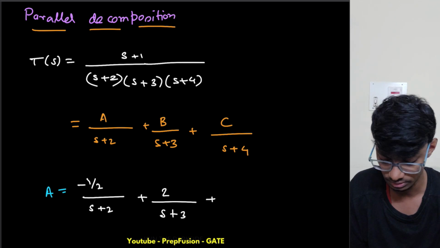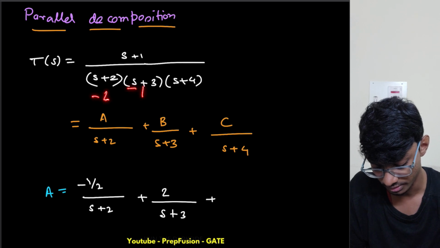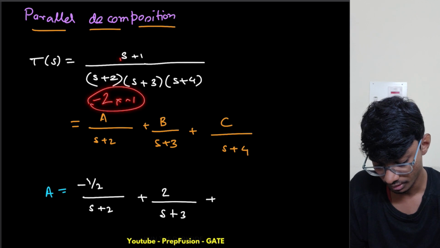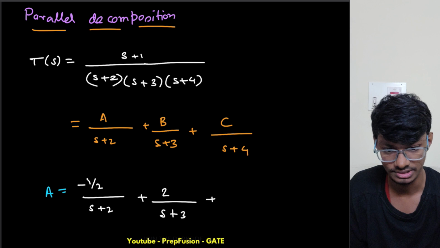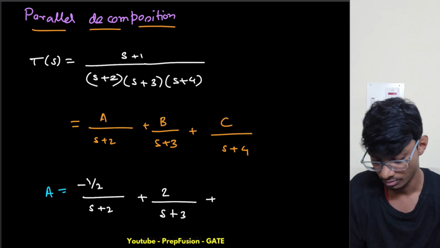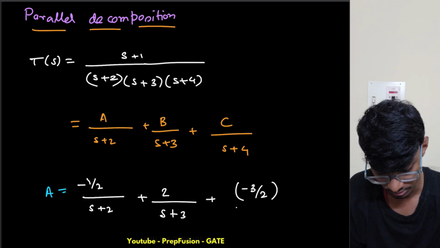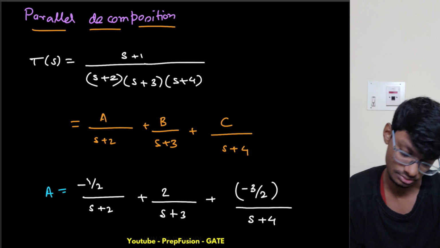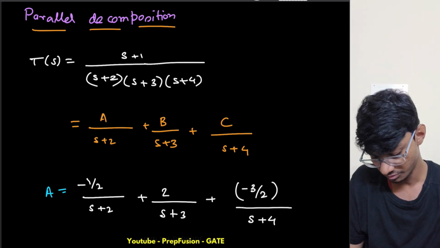For C, I put -4 over here, so I get -1 over here and -2 over here. So -2 into -1, I get -3 by 2. So I have -3 by 2 over s plus 4. Now you know the deal.